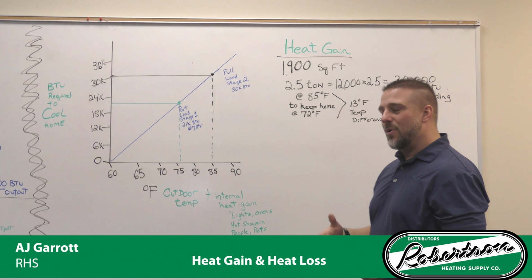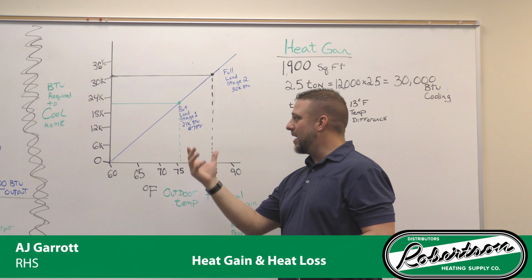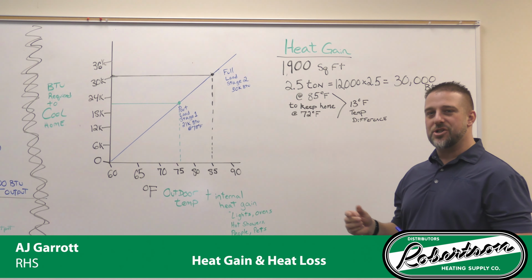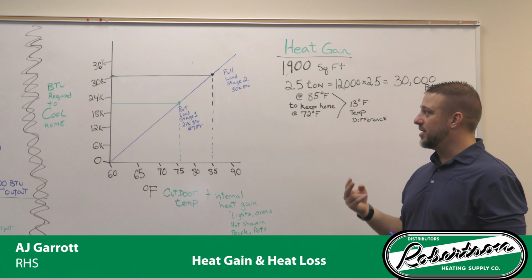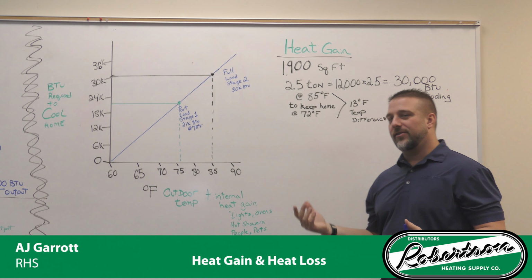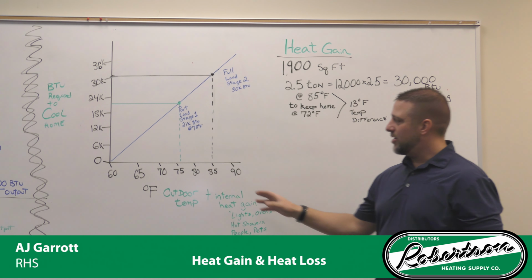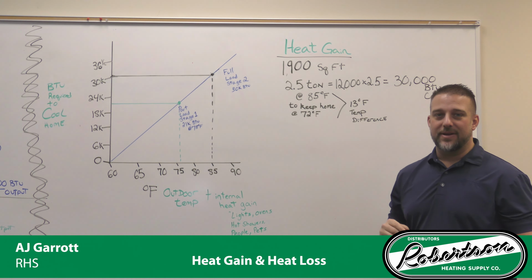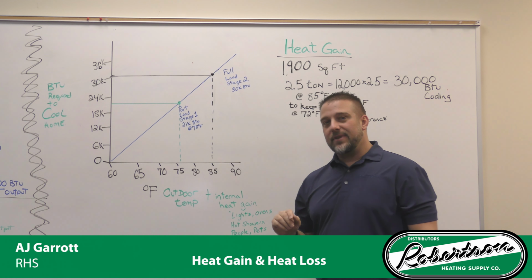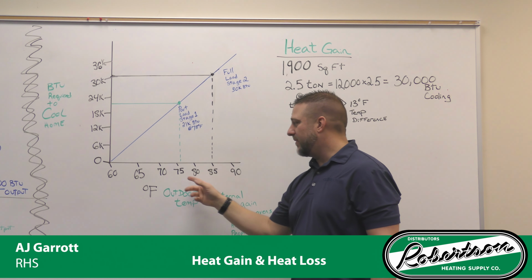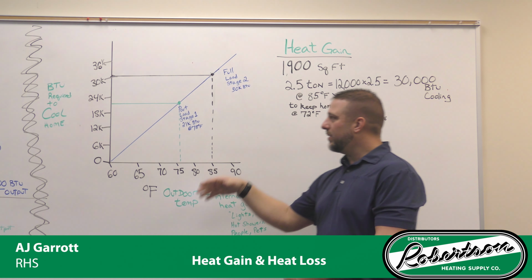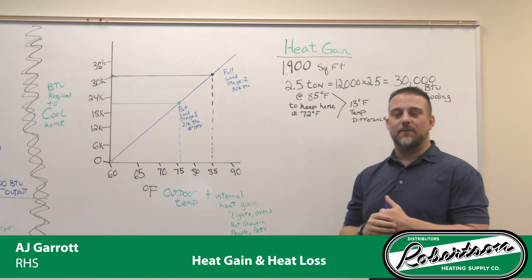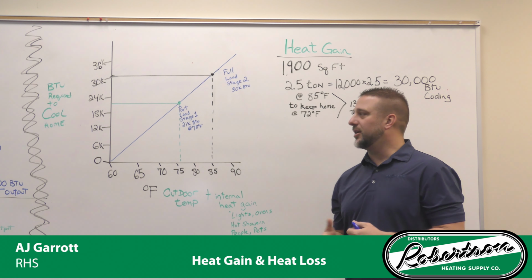Now, if we want to get a better piece of cooling equipment in here, and we want to choose maybe a two-stage air conditioner, how does a two-stage air conditioner work? Well, you still have your full load, which is stage 2, and that's our 30,000 BTUs. But on days where it's maybe 75 to 80, we don't need to run that air conditioner on full stage and use as much electricity.